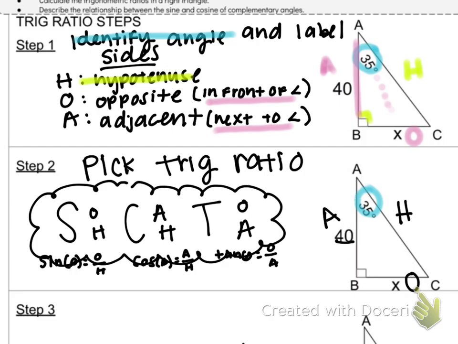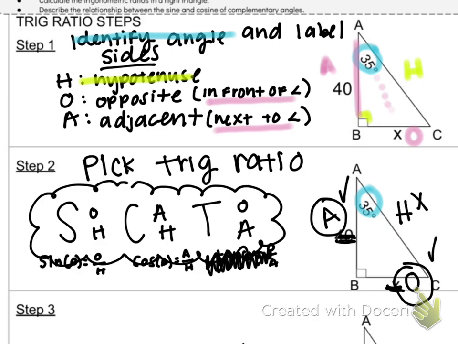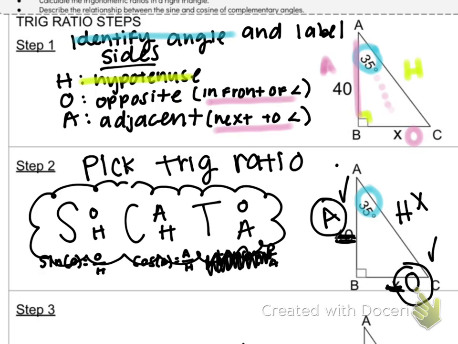I have a 40, and the 40 is on the A, and I have an X, and the X is on the O. So I'm going to use the trig ratio that has A and O in it, okay? I do not want to pick the one that has the H on it. So if I want the A and the O one, I'm going to pick tangent. We're not going to pick H because H has nothing on it. So we are going to be picking this tangent right here, okay?